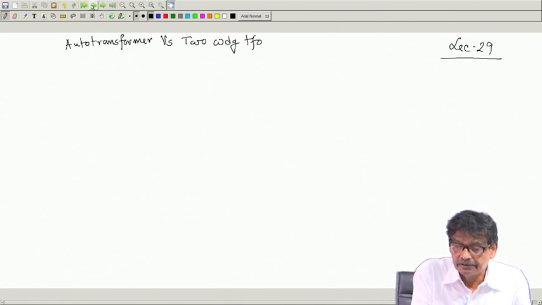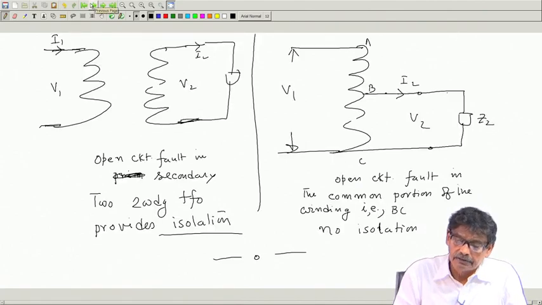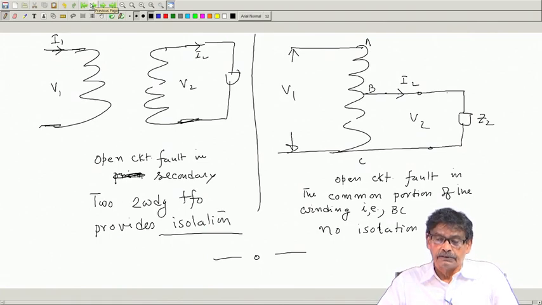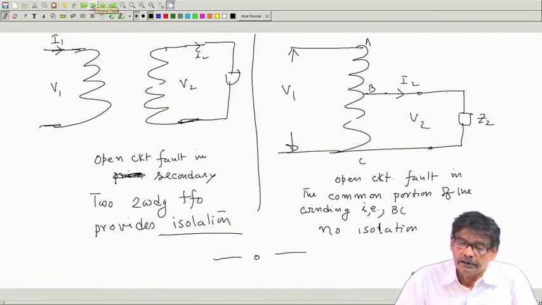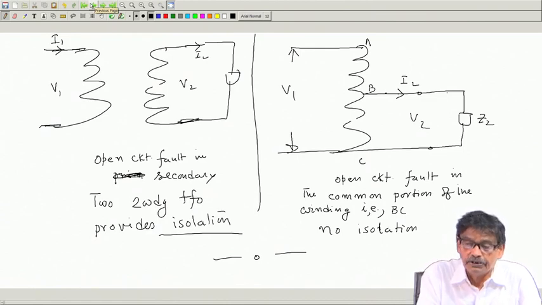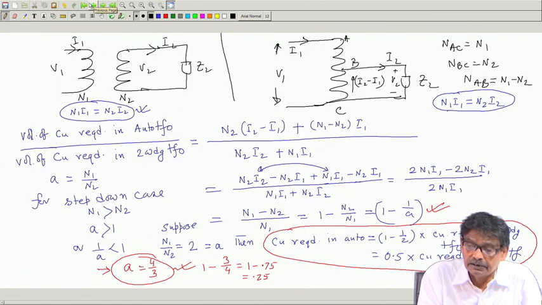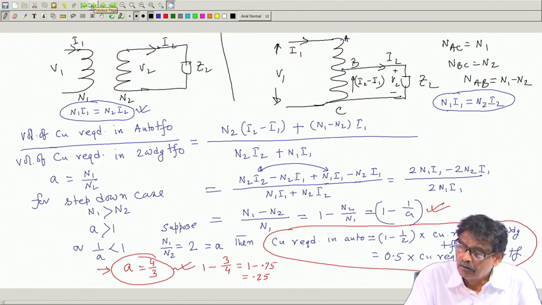Recall in the last class I told, if you want to transfer a certain amount of kVA from the primary source side to the load side at two fixed voltage levels V 1 V 2, you can do that by using either a two winding transformer or an auto transformer.